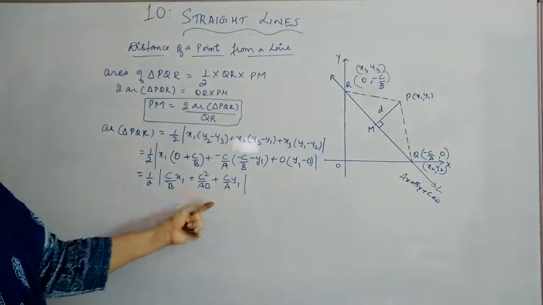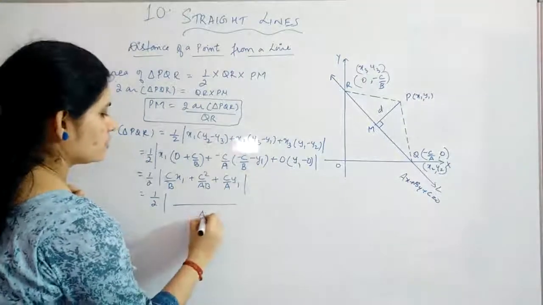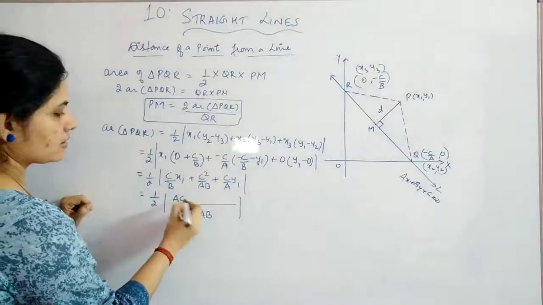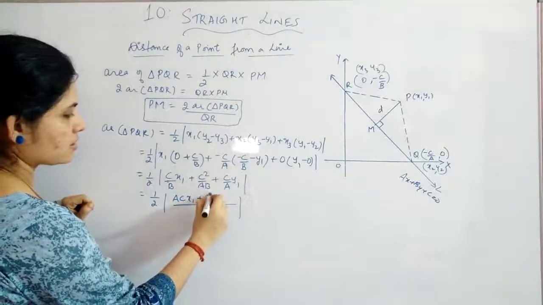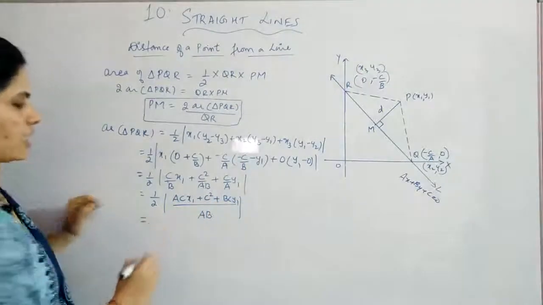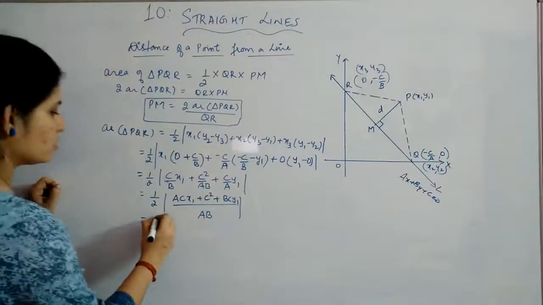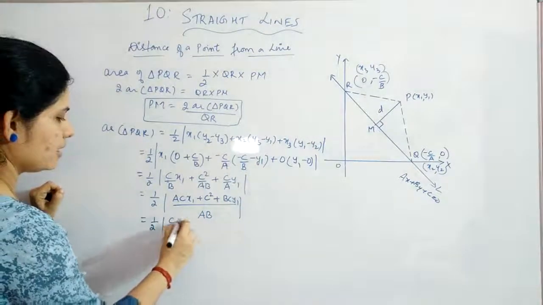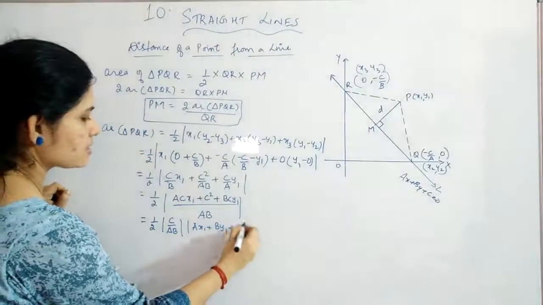Now we take the LCM with ab as the denominator, so this gives half into denominator ab, and the numerator is a c x1 plus c square plus b c y1. Now in the numerator c is common, which we take out, and ab is also taken out. So it is half into modulus of c by ab into (ax1 plus by1 plus c).